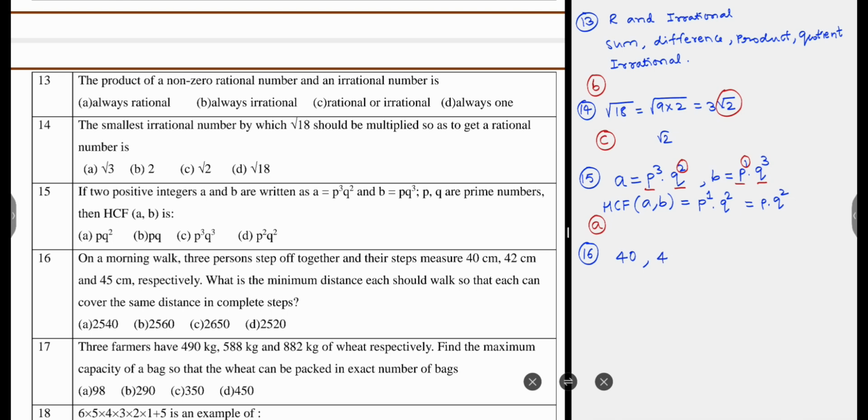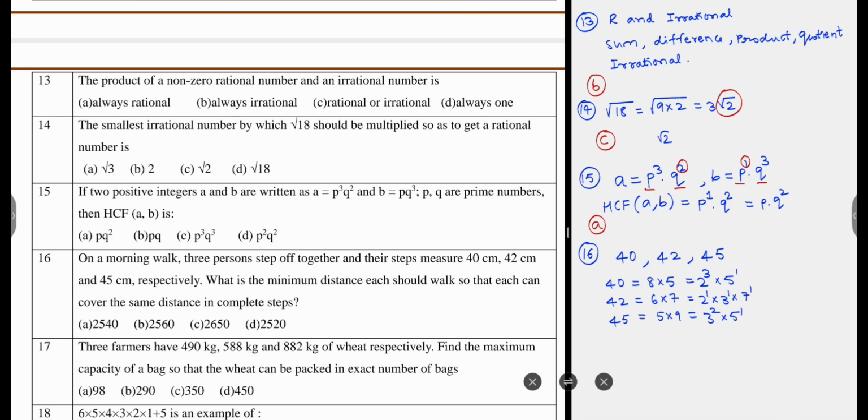So the least common multiple of 40, 42 and 45. We know 40 can be written as 8 into 5, 8 is 2 power 3, so 2 power 3 into 5 power 1. 42 can be written as 6 into 7, that is 2 power 1 into 3 power 1 into 7 power 1. 45 can be written as 5 into 9, that is 3 power 2 into 5 power 1.